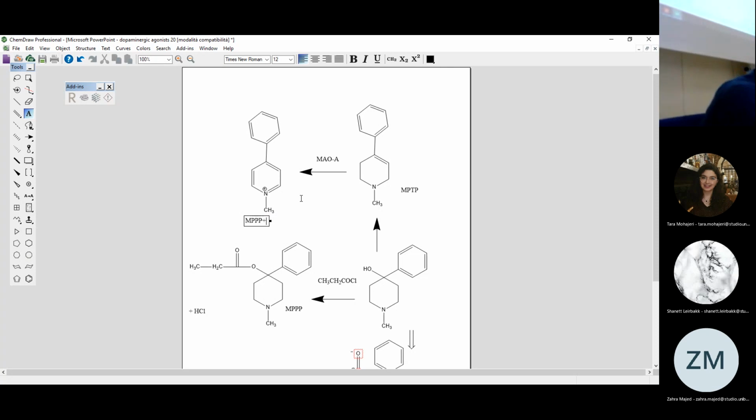This means that with this toxin, we are able to hit only dopamine neurons and not neurons of other systems. It's very, very selective and specific. This compound is able to kill only the dopamine neurons because it is able to block the activity of the mitochondria inside this type of neurons.